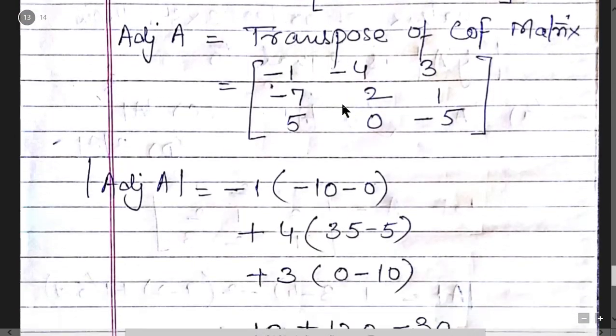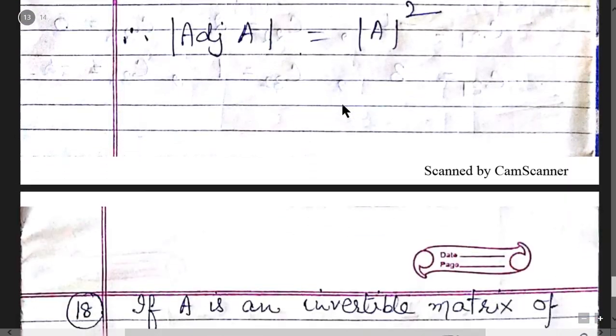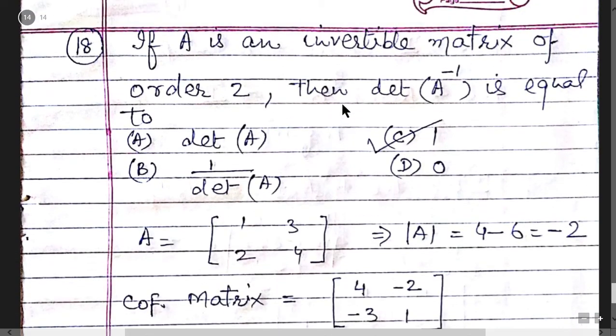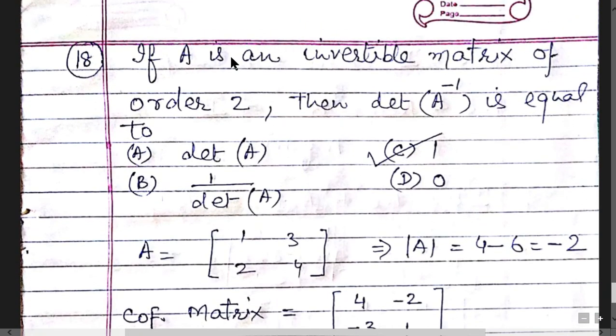Now question number 18. If A is an invertible matrix of order 2, then determinant of A inverse. Order 2 matrix is there. Let us check.